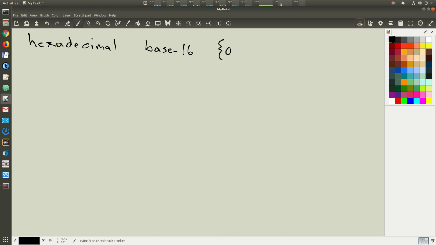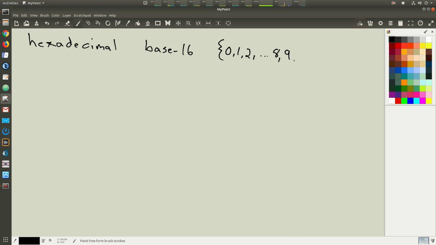Okay, we've got 0, 1, 2. Now we have 16 characters, so that's more than we have in base 10, right? So we're going to use all of the base 10 characters. We're going to go all the way up to 8 and then 9. So 0 through 9, right, that's going to be 10 characters, right? 1, 2, 3, 4, 5, 6, 7, 8, 9 is obviously 9, plus the 0 is 10.